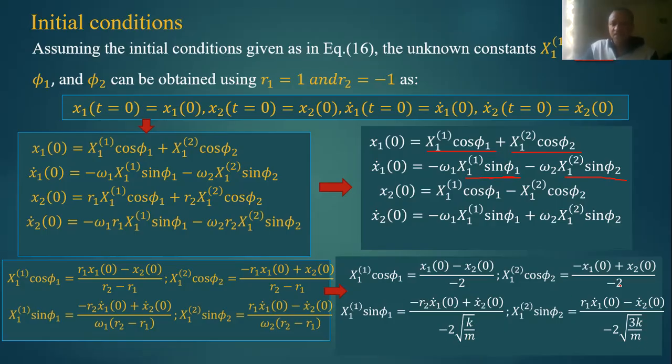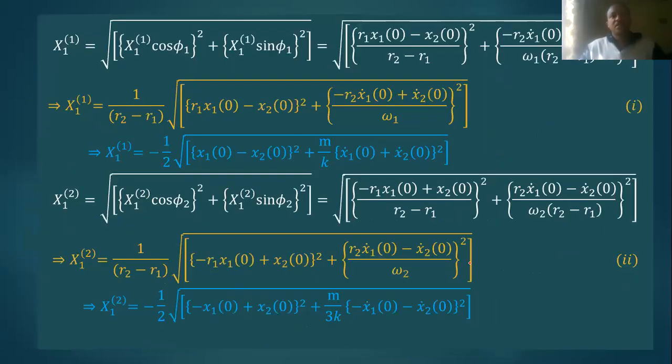Substituting this, we can get this equation. Finally, taking these equations for x1, 1 over 2, this is minus, so minus 2. So just substituting the values.